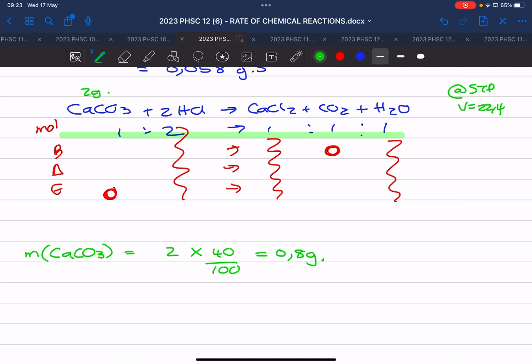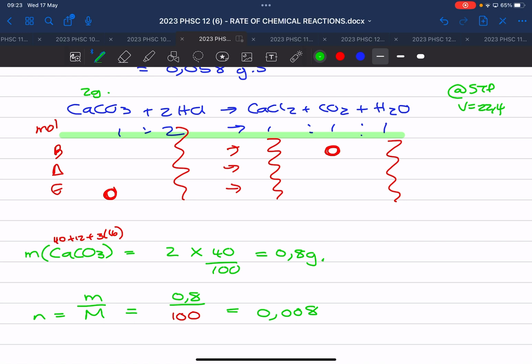But now we have grams, and we need to convert it into moles. A mole is mass over molar mass. What is the molar mass of calcium carbonate? We just did it. It's 40 plus 12 plus 3 times 16, which gives you 100. And that gives you 0.008.